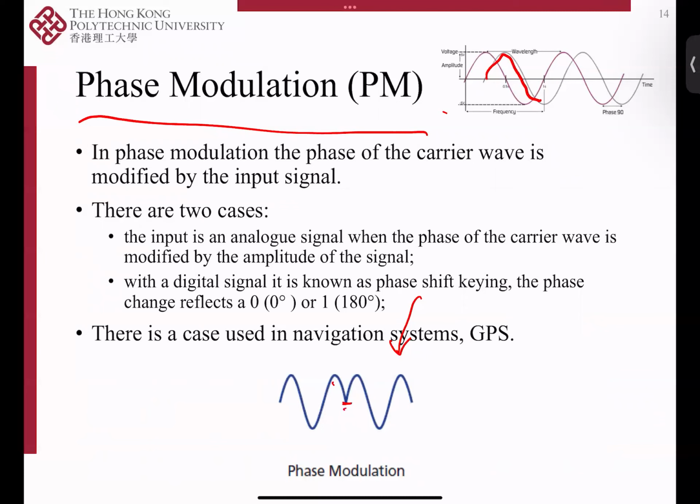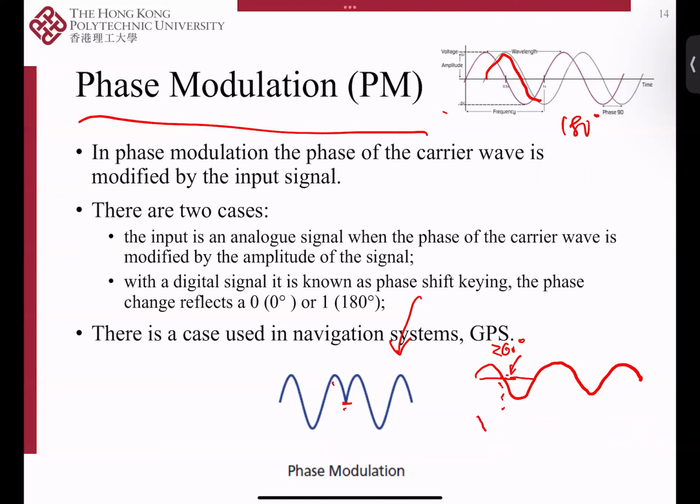This is because we have 180 degrees of phase shift. The original phase looks like this one, and then we shift 180 degrees. This is 360, right? So in half.